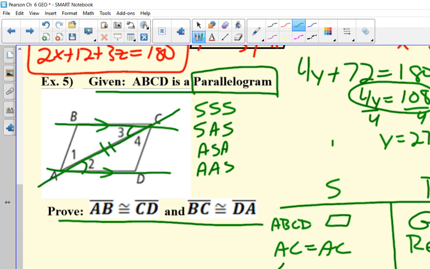So I can go angle 2 is congruent to angle 3 by alternate interior angles. And I think we talked about this before. Remember, in a transversal, you actually got 2 pairs of alternate interior angles. Okay, so we can go angle 4 is congruent to angle 1 by alternate interior angles.